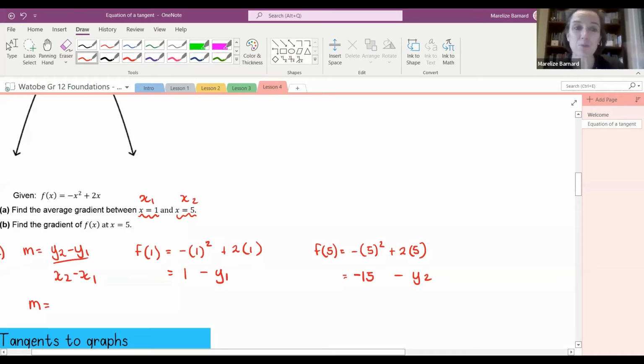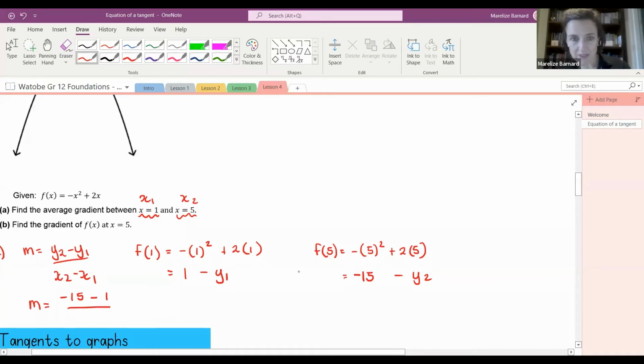When you eventually put this into your formula, make sure that you pair up the x's and the y's correctly: x1 with y1 and x2 with y2. So the pairing up doesn't go funky when you actually put it into the formula.